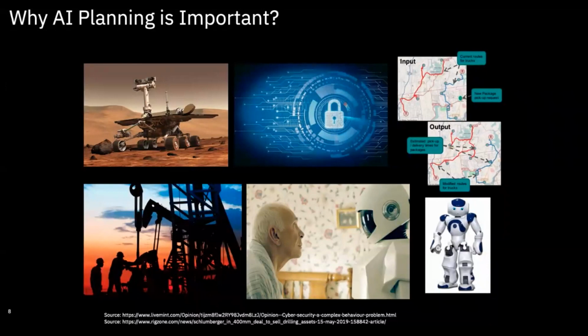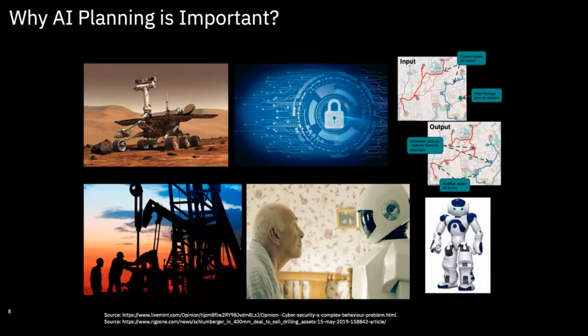So why is AI planning important? Well, AI planning applications are everywhere. Many examples are shown here: dialogue, cybersecurity, transportation, logistics, IT, and so on. Many companies have understood the value of AI planning and use it in their offerings.